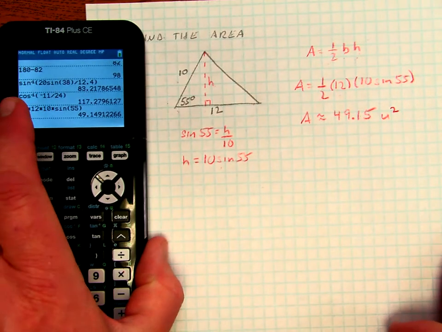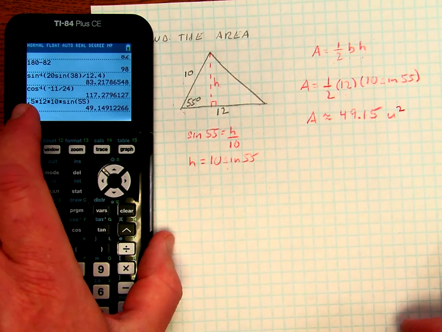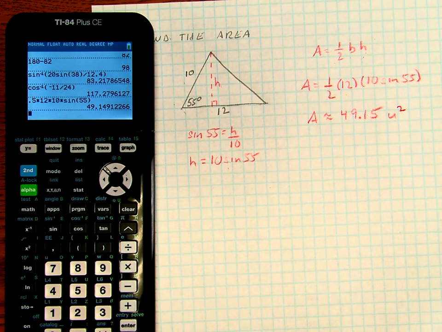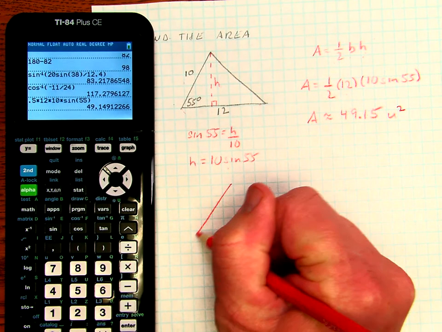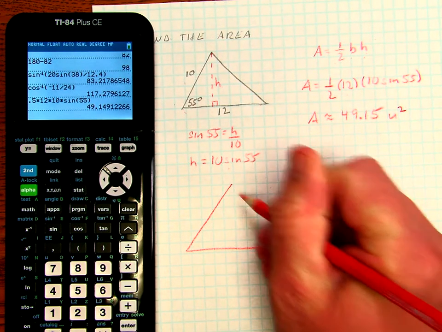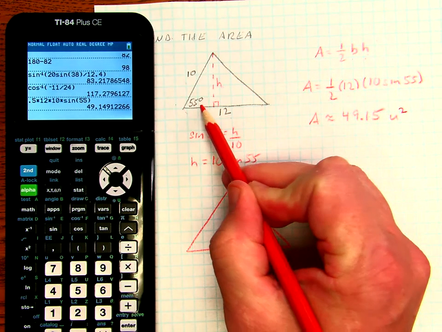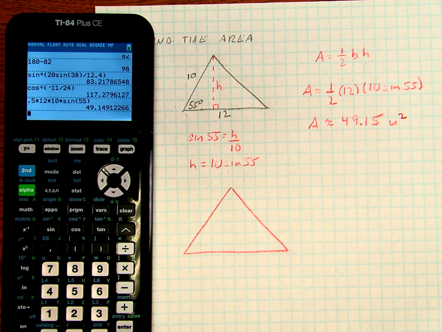All right, let's generalize this into a set of formulas that appears in your textbook. So we were given two sides and the included angle. That's a side angle side scenario.